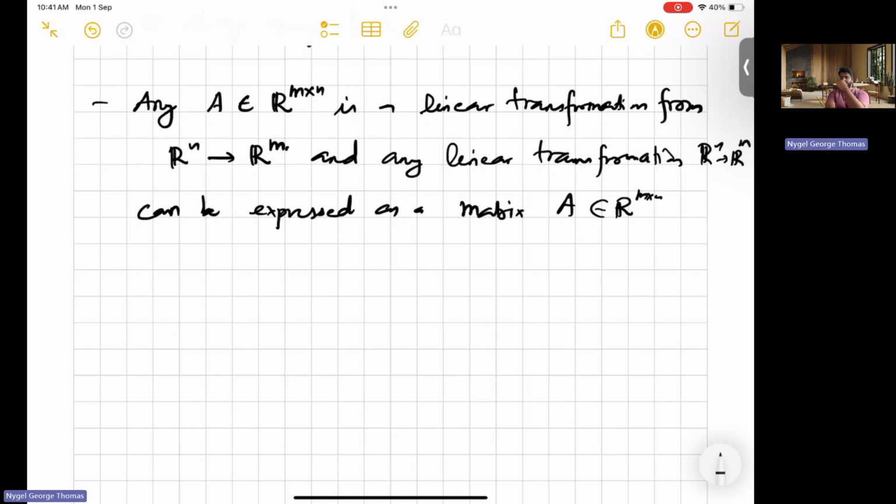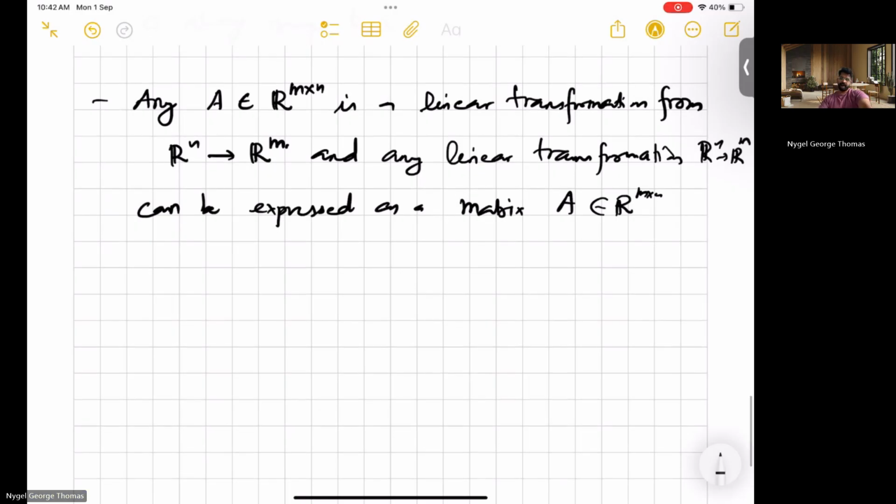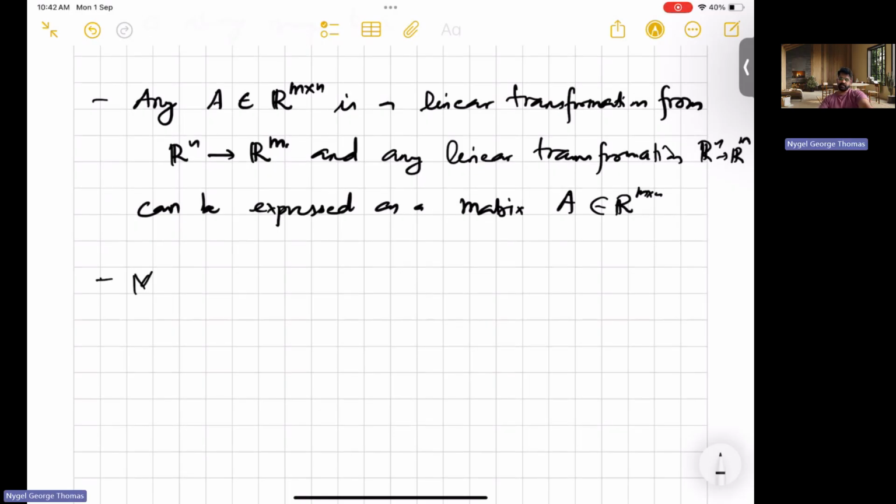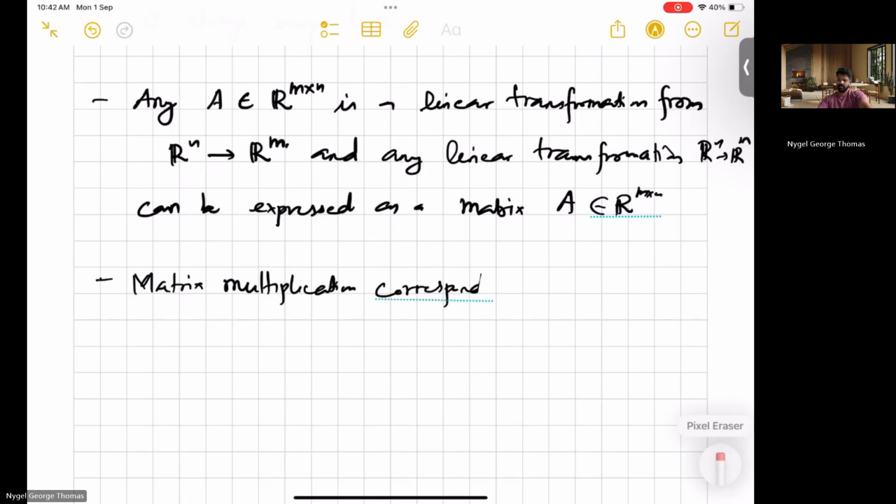So what we can do is, this is a matrix multiplication corresponds to a composition of linear transform.